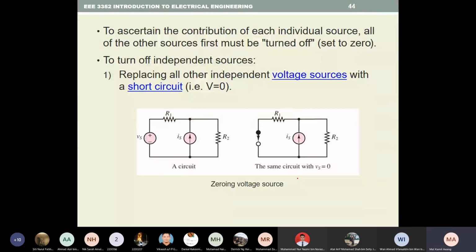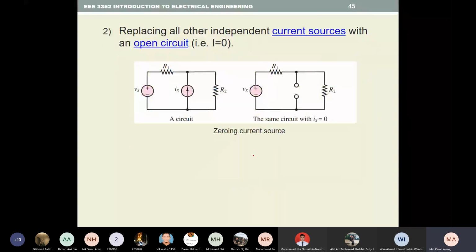By replacing all independent voltage sources with a short circuit, like this. Basically, when you want to turn this voltage source to 0, you short the circuit. So basically Vs equal to 0. That is if you want to turn off the voltage source. If you want to turn off the current source, let's say this is the current source, you set Is equal to 0.